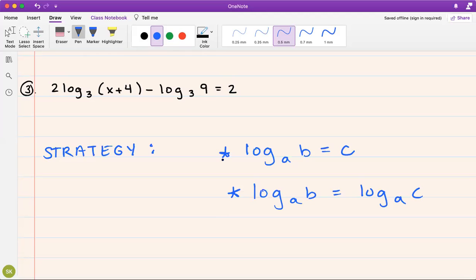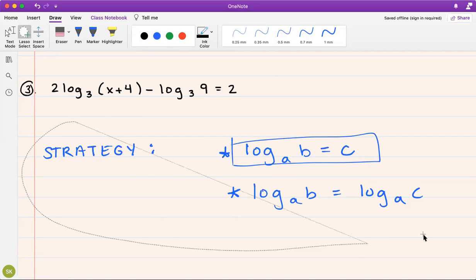So remember, what I want to do is condense, put everything together so I have one log, just one log, and I want it to be on the left-hand side, and then on the right-hand side, I want either just one log or some number. So that's what we're going to do. You can see that this problem has a subtraction sign and a power. So we're going to use those rules of logs to condense this into one log, and we're going to get it in this form here.